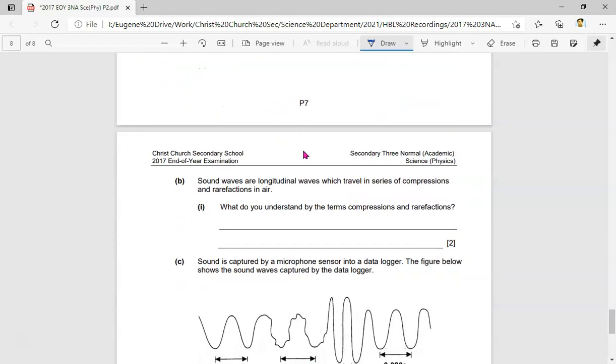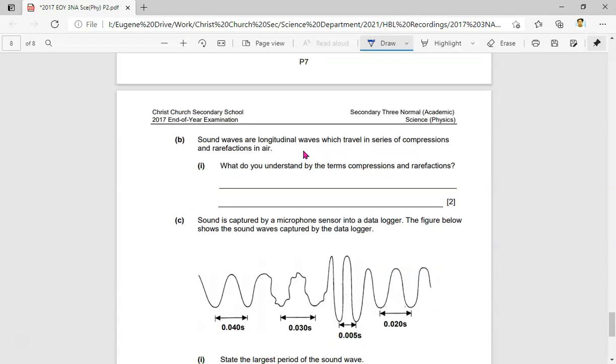Okay, next part B, part 1. Sound waves are longitudinal waves which travel in a series of compressions and rarefactions. What do you understand by the terms compression and rarefaction? Compressions are where the particles are more packed together.